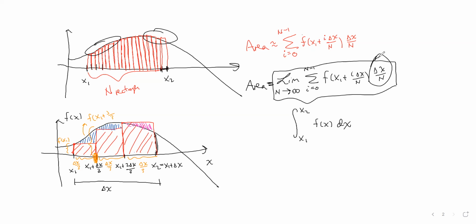As n goes to infinity, delta x over n shrinks down toward 0. Now, taking the limit as n approaches infinity means delta x over n shrinks down toward 0, but it doesn't quite hit 0. It's still got some width. It's just an infinitesimal width, which I'm calling dx. dx is just what happens to delta x when you subdivide it into infinitesimal sub-intervals.